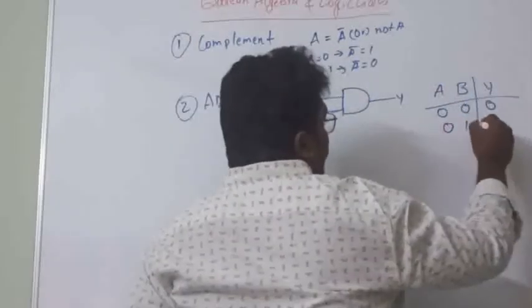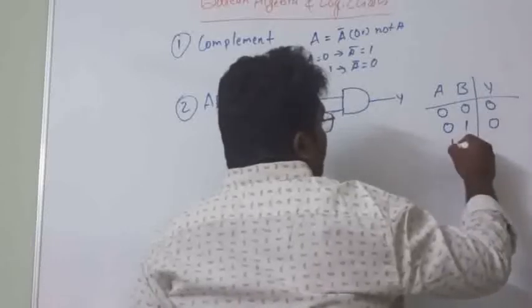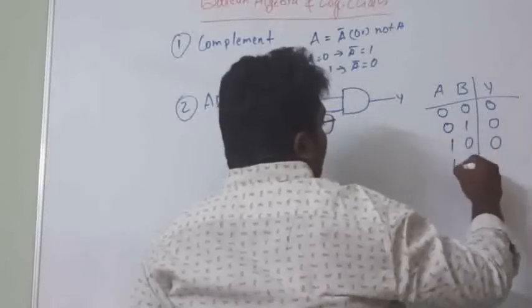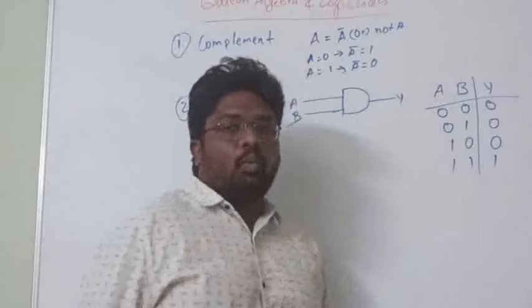If we take 0, 1, the output will be 0. 1, 0 gives 0, and 1, 1 gives 1.